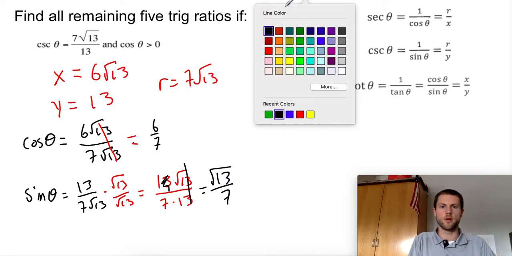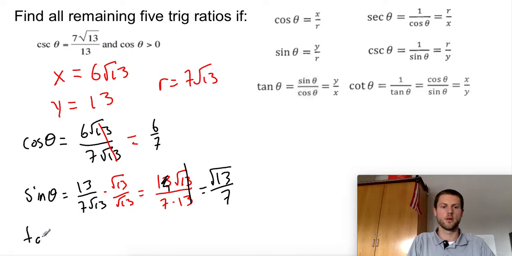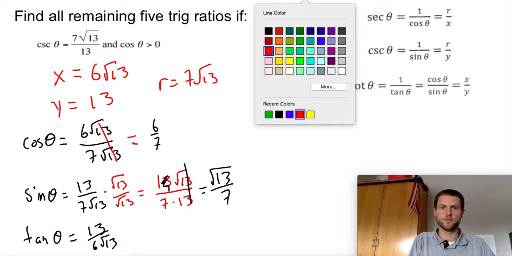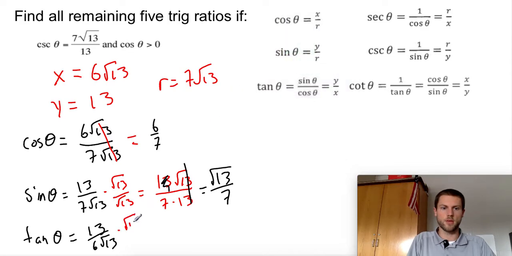Let's keep going here. The tangent of theta is given as y over x, so that is 13 over 6 root 13. Once again, I rationalize, times root 13 over root 13.